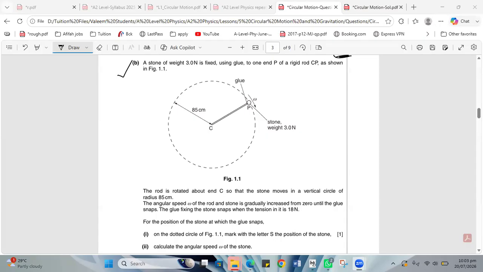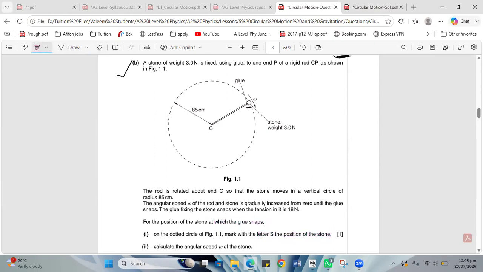All right. Make a guess for part number 1, please. First, make a guess, and then I'll explain it thoroughly. On the dotted circle of the figure, mark with the letter S the position of the stone when the glue snaps. I hope you understand the question.